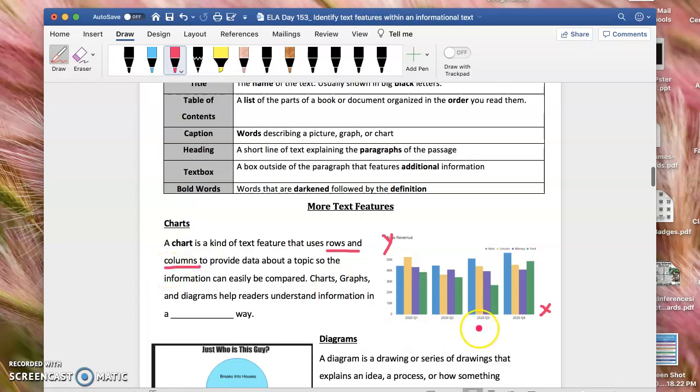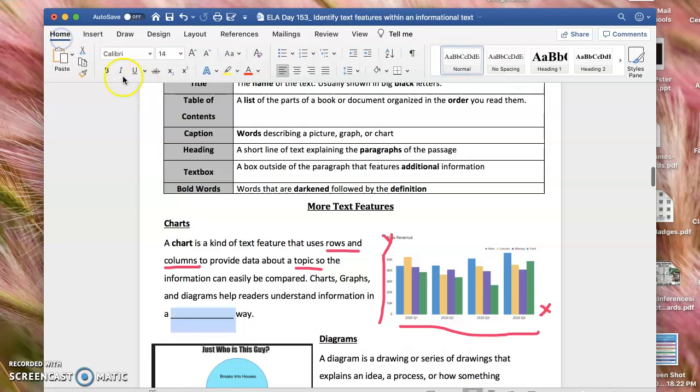Now, when we talk about rows, of course, the rows are the x-axis and the columns are the y-axis, right? Okay, good. It talks about a topic and it gives information about the topic. So charts, graphs, diagrams, they help readers understand information in a visual way.